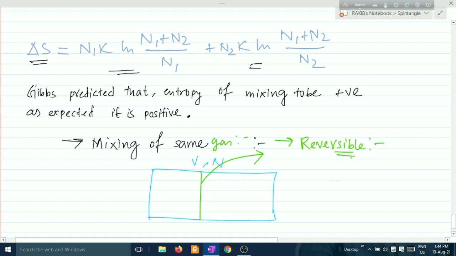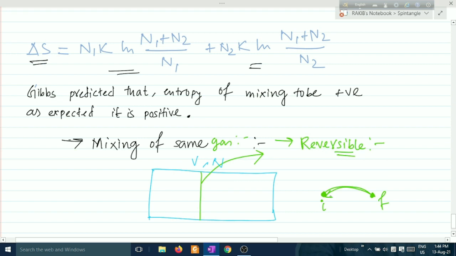You can do it again. You can have the system in the initial position like this, go to the final position by removing the wall, and then after putting the wall again you could go to the initial position again. This means this is a reversible process.